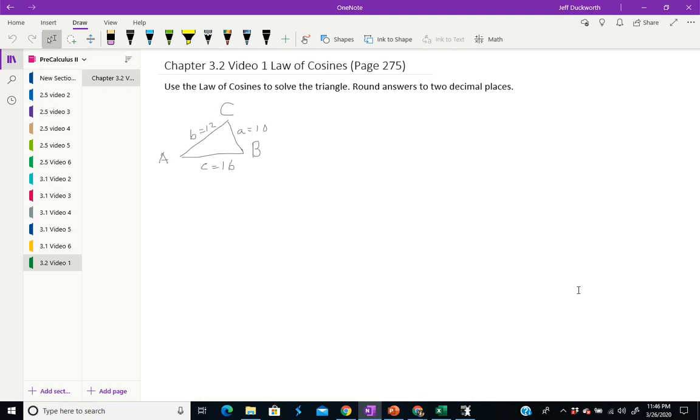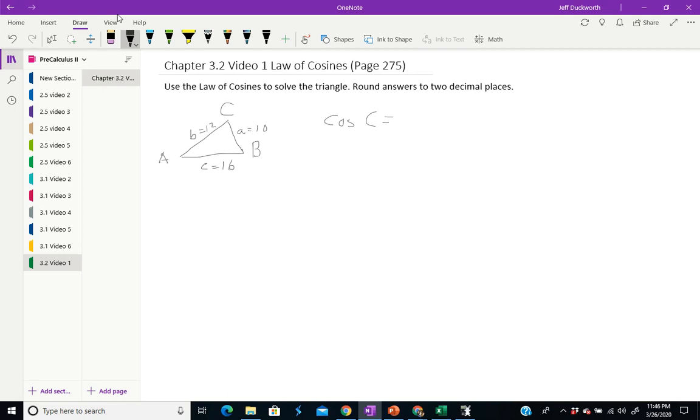We can do the law of cosines with any of the three, because we have three sides and no angles. So I'm going to choose to solve for the angle C first. So cosine of C will equal our formula.